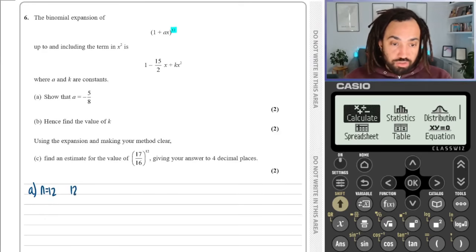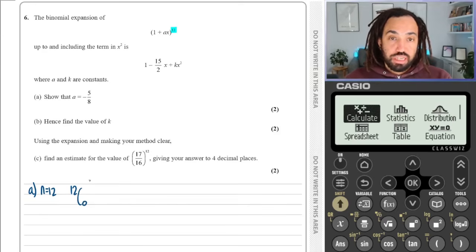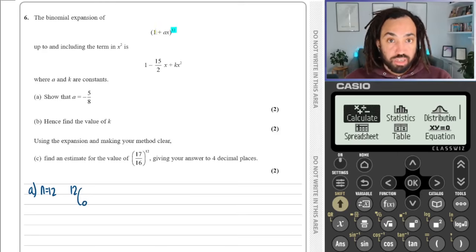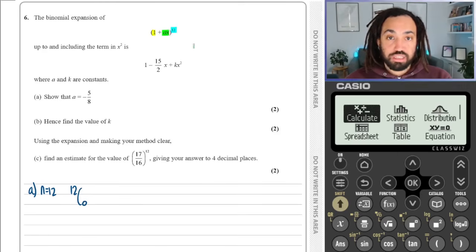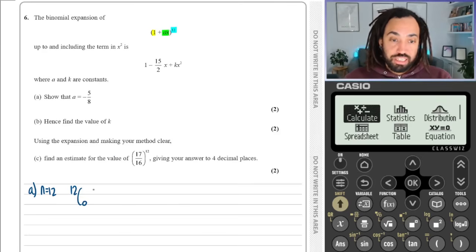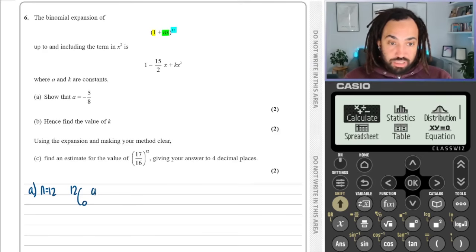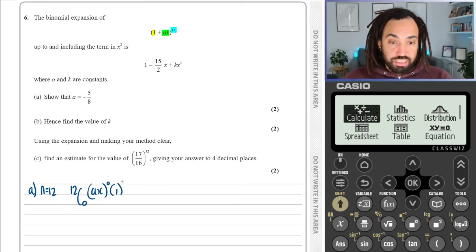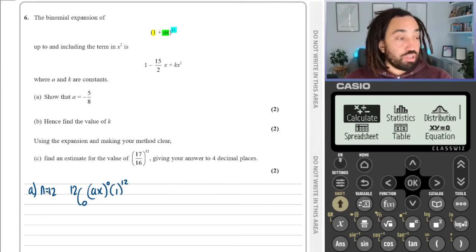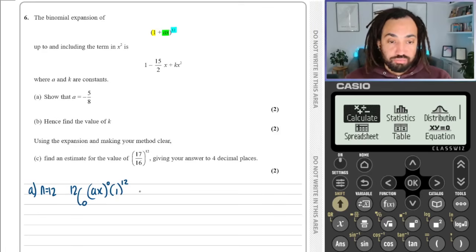So that means we're going to use 12 choose 0 as where we start. And we've got two terms inside the bracket, as always, since it's a binomial expansion. We take the green term, ax, and raise it to the power 0, and that means the other term, the yellow one, is raised to the power 12, because the two powers must always add to make the overall value of n.